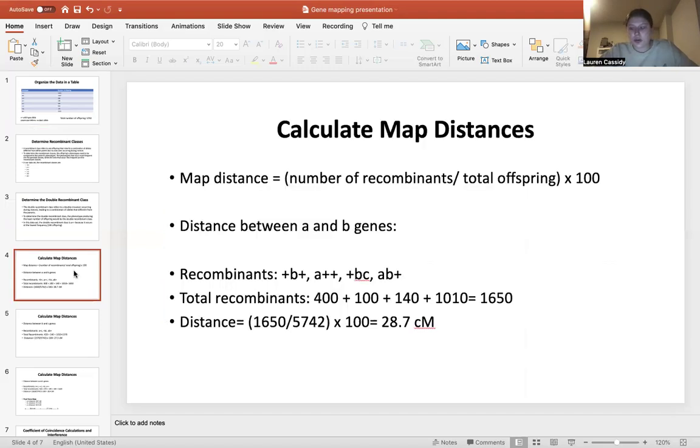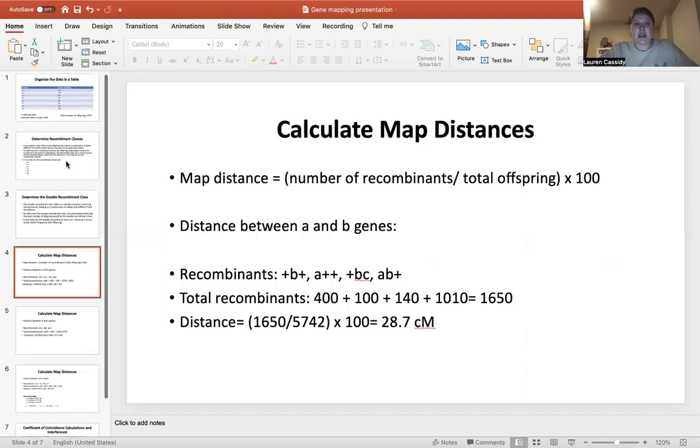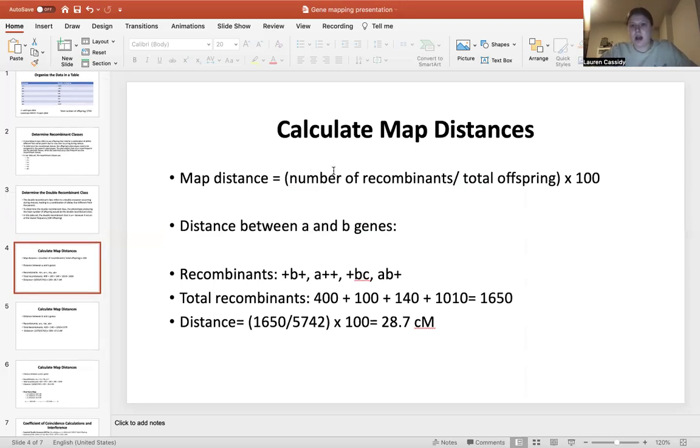And we could use all of the information to calculate the map distance between the genes, which is the number of recombinants divided by the total offspring times 100, and we calculate that between each gene.